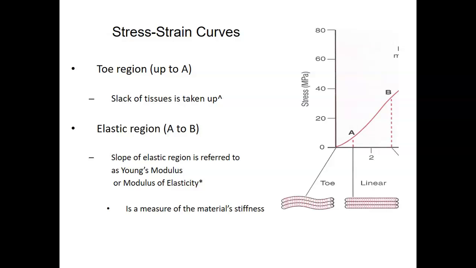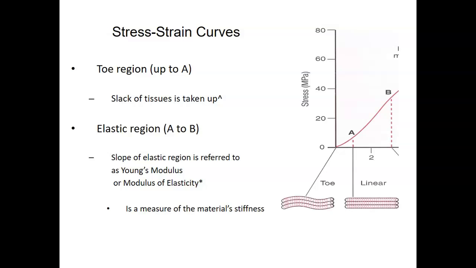So a stress-strain curve can be developed with a tissue in mind. A particular tissue can be stressed at 0 and 5 and 10 and 20, and then you can plot how much strain there is, how much difference in length there is based on that stress.